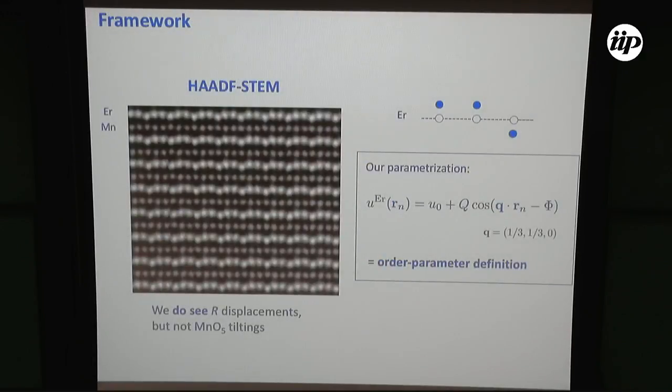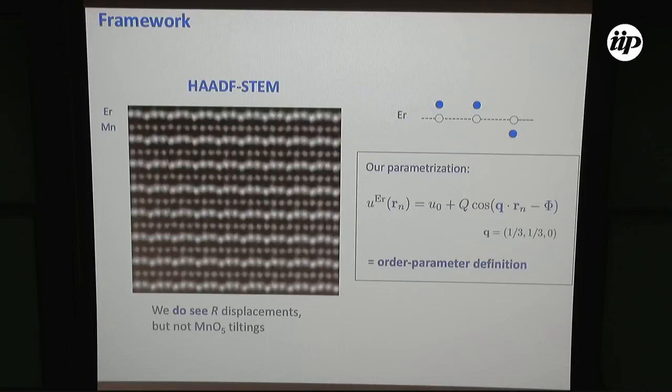So for this, we want to develop a theory that establishes close contact with the experiments, and in particular with this kind of experiments. Here I show you an image obtained by scanning tunneling electron microscopy, in which we can see this distortion with atomic resolution.